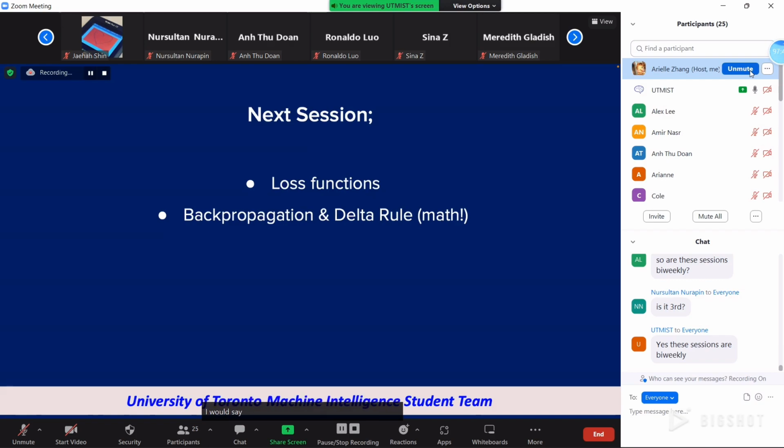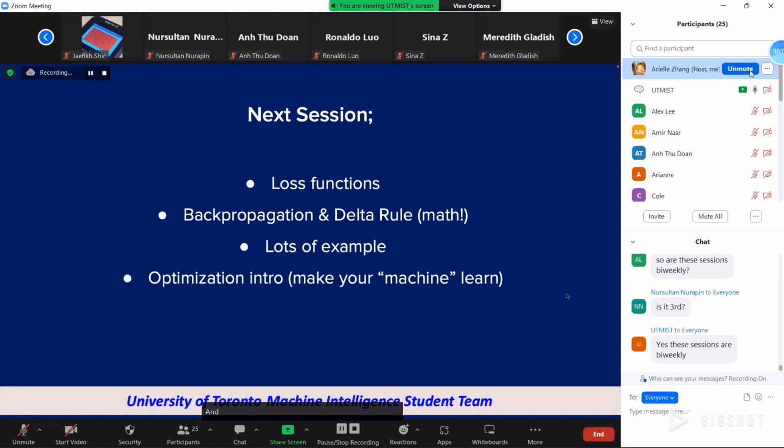So that's how backpropagation works, and it's just math. If you know a little bit about chain rules, that would be good. If not, we will be going through that as well. And lots of code examples.